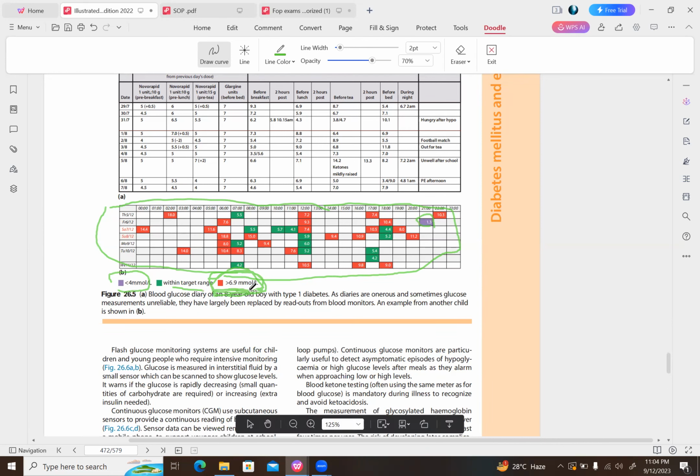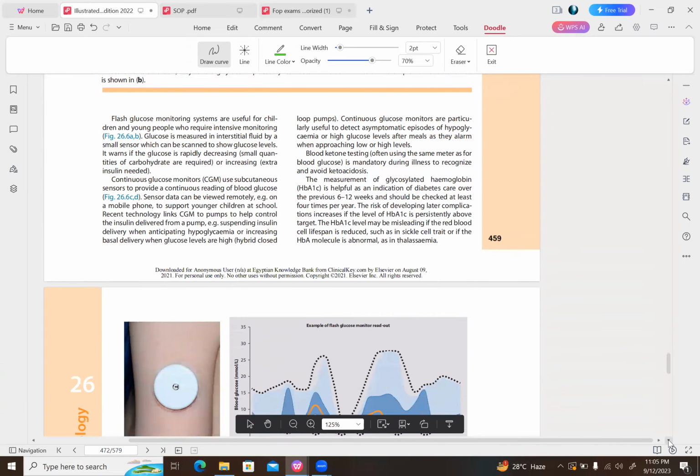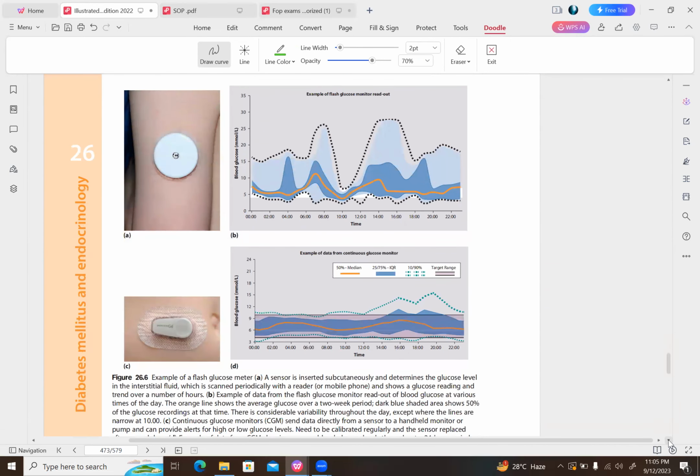If it is uncontrolled, then you have to increase this. You give the short acting, basal bolus insulin. Okay, you have to manipulate that. I will be solving it with the recalls.